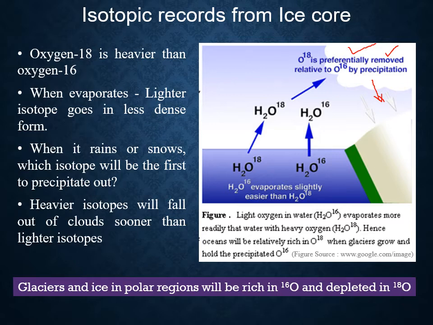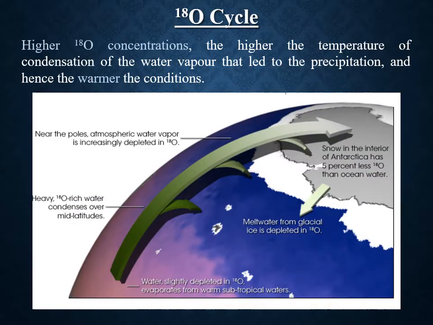So a high amount of evaporation enhances more precipitation of O16 in the polar areas. Now, within the entire latitude frame of Earth, you can see fractionation occurs.